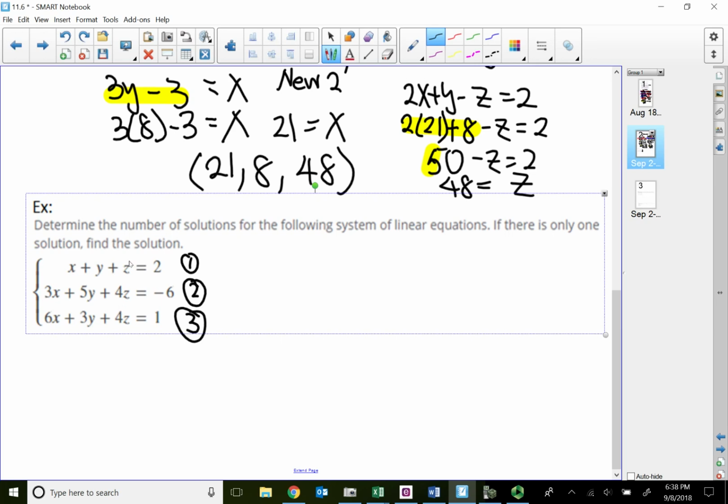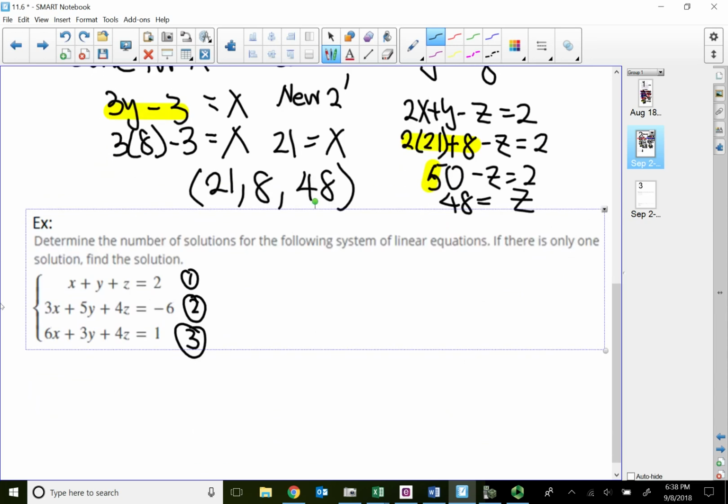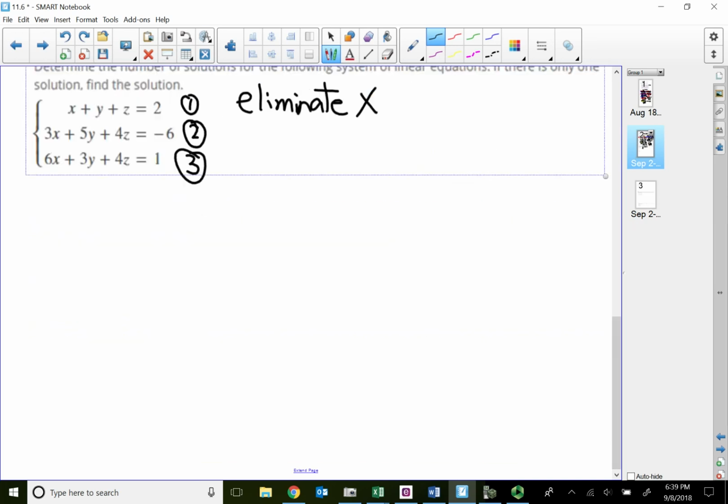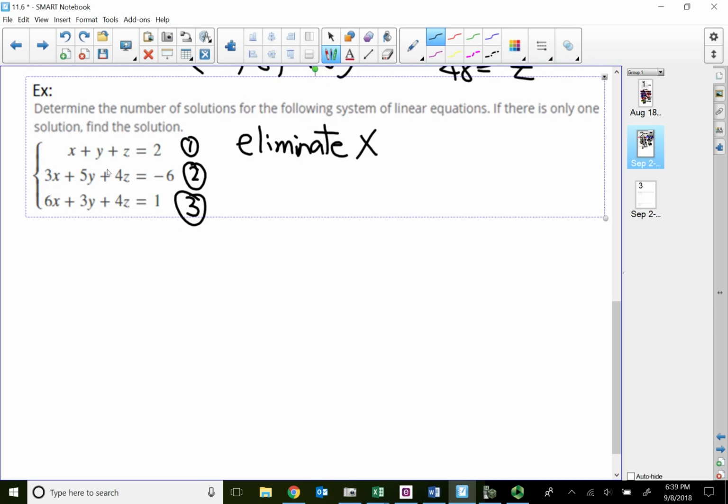Z was also pretty easy, but since I did z twice, I'm going to do x this time. It doesn't matter which variable I eliminate first; the answer will always be the same. I'm going to eliminate x in this example because I know the common multiple between 1, 3, and 6 is only 6.